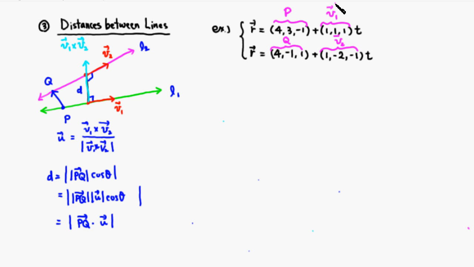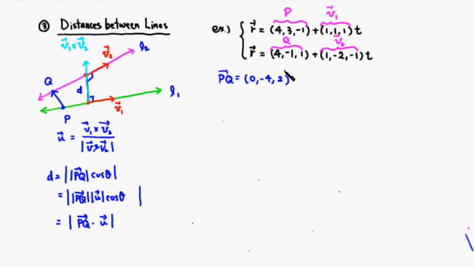So let's find vector PQ first. 4 minus 4 is 0, negative 1 minus 3 is negative 4, and 1 minus negative 1 is 2. So this is vector PQ.